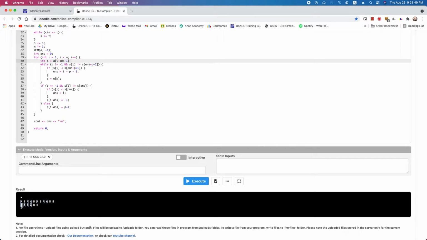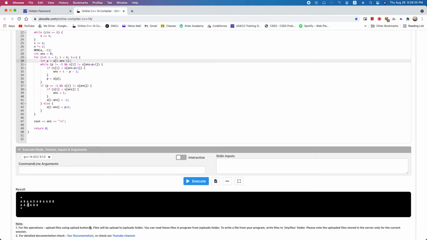First we'll store the longest prefix that's also a suffix for the string prefix A. Since we cannot choose a prefix that has the same length as the whole string, this will have the value of 0. Then for the two-letter string AA, the longest prefix that's also a suffix will be A, which has a length of 1, because A is the prefix and also the suffix.